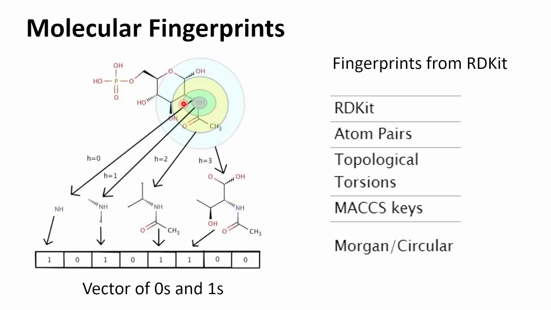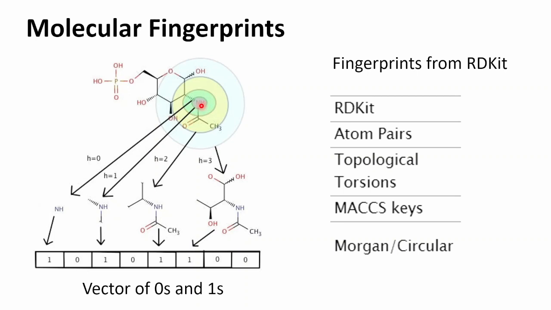Another way of representing a molecule is called fingerprinting. In a fingerprint, you consider an atom and look at the surrounding atoms, and you have a vector consisting of ones and zeros, and those ones come from positions where you see something.